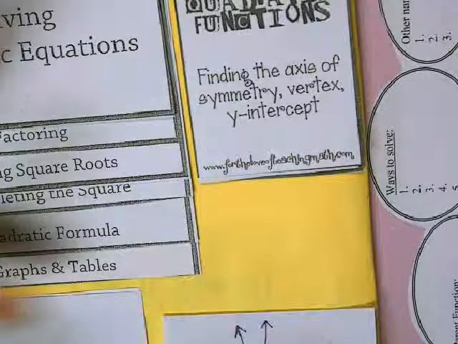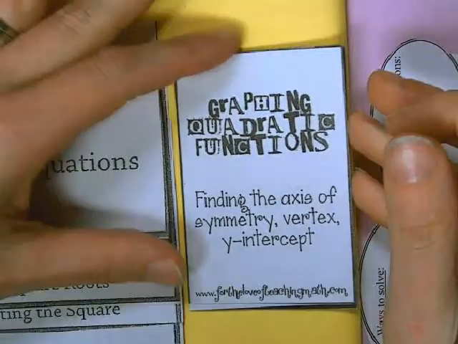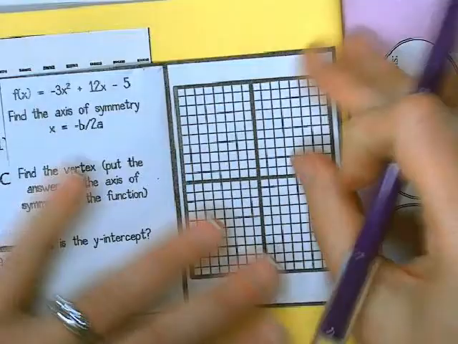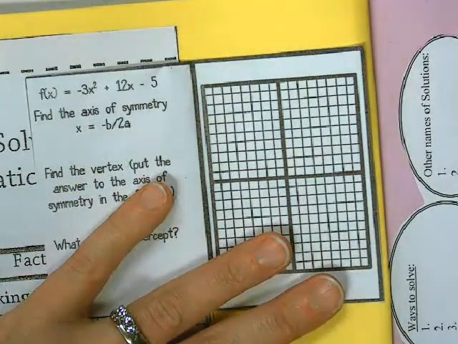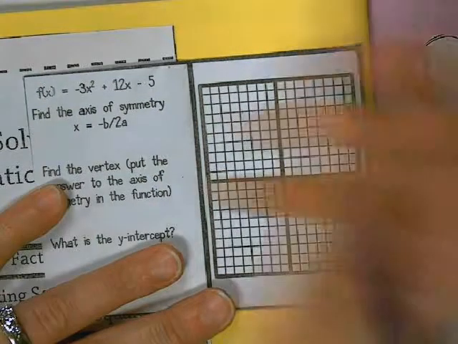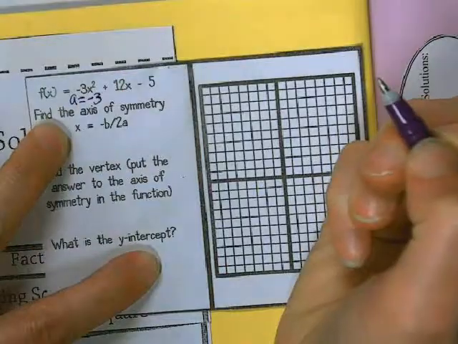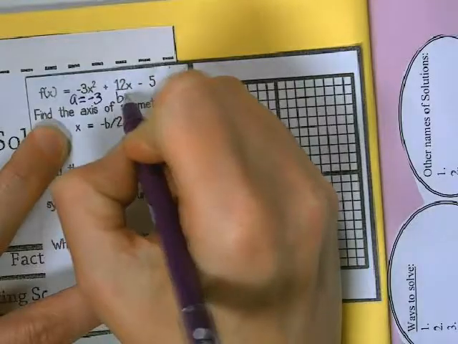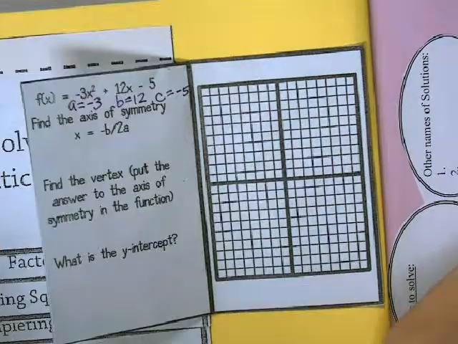Let's go look over here at this teeny tiny book we made with only one page in it, which is kind of fun. We're going to talk about how to graph. If they ask you for the axis of symmetry, you need to practice that work where we say -b/2a. In this equation, a is -3, b is +12, and c is -5.